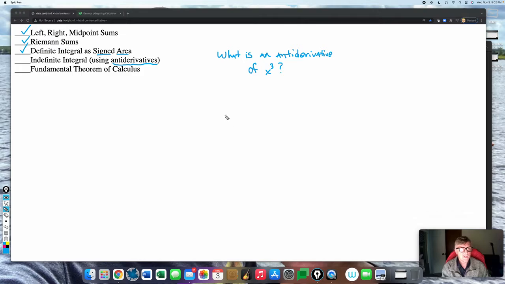Think about what function's derivative is x cubed. So see if you can work backwards. Pause this video for a moment and see if you can work backwards and figure out what that would be.